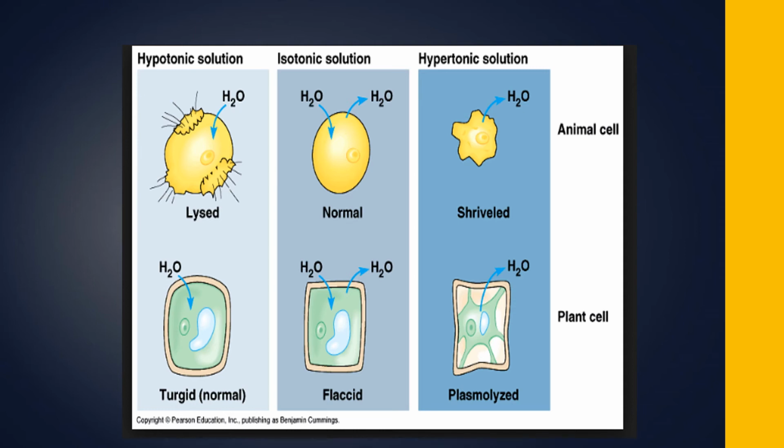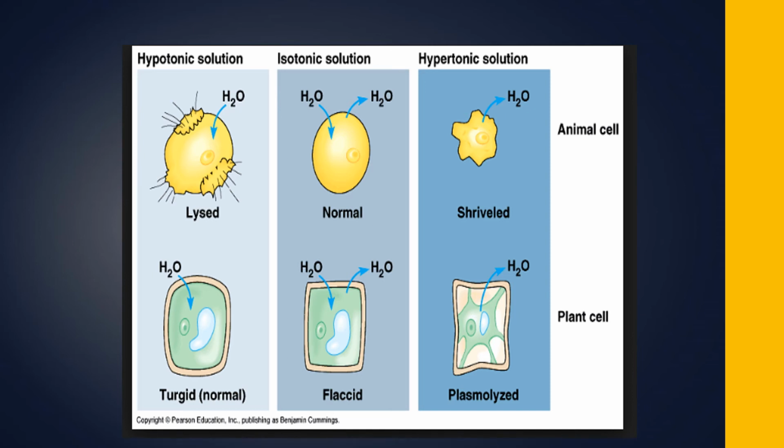So let's look at the animal cell in that of the hypotonic solution. If more water enters the cell, the tendency is that it will burst. And what about the plant cell?